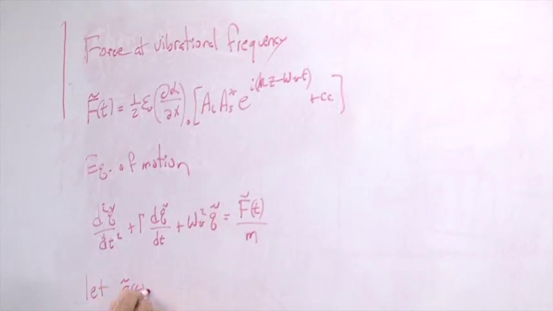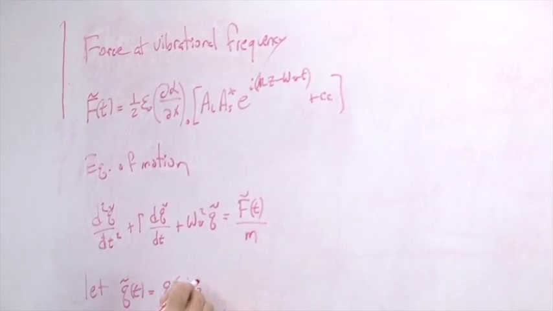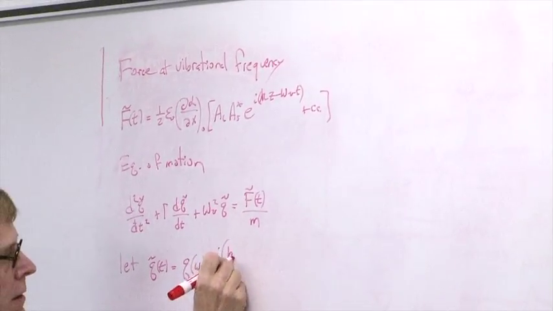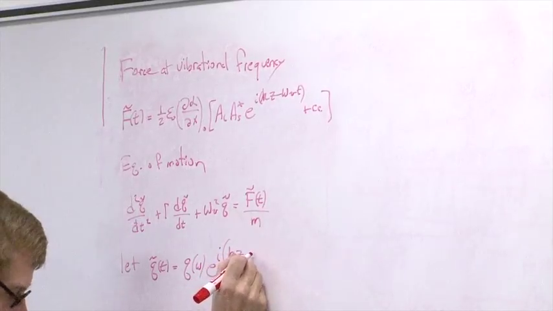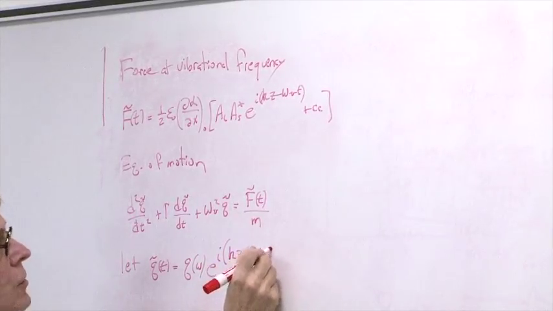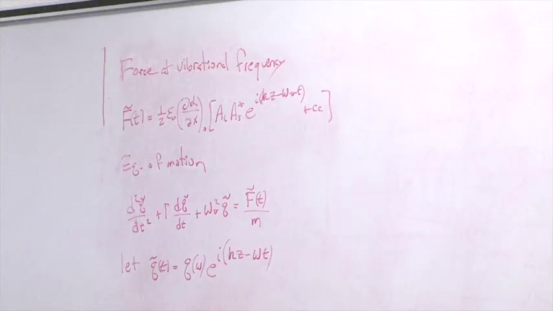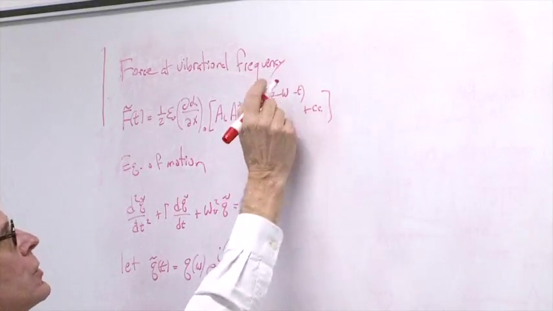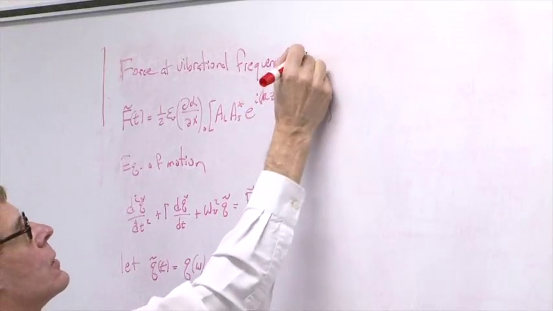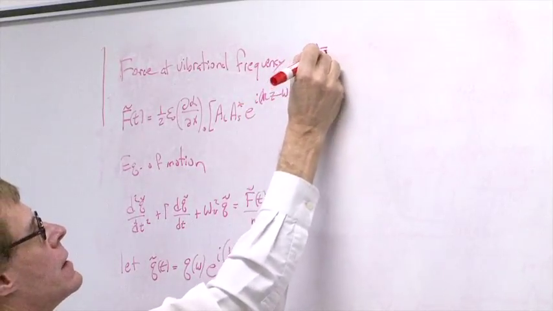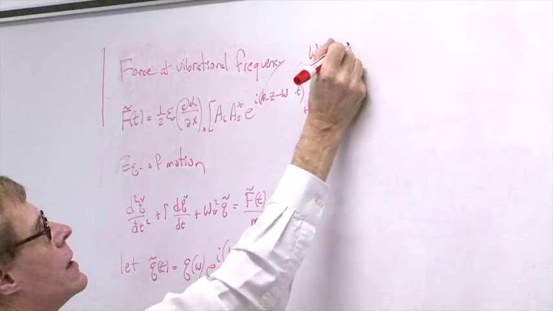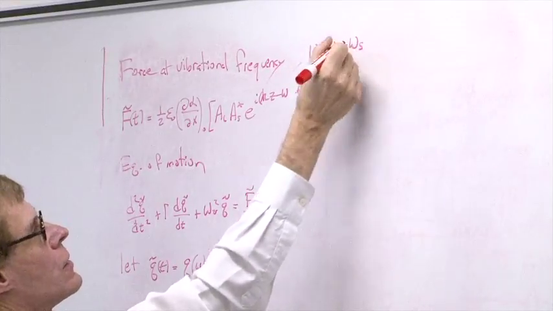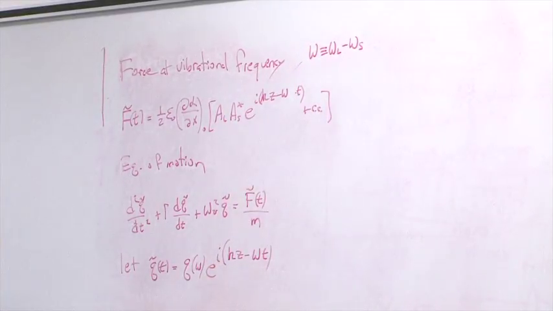So we set q of t equals q of omega e to the i (kz minus omega t). Actually, let's change this now. Let's just put omega here, and omega now will be defined to be omega laser minus omega Stokes.